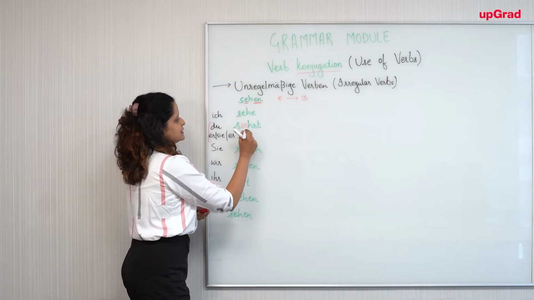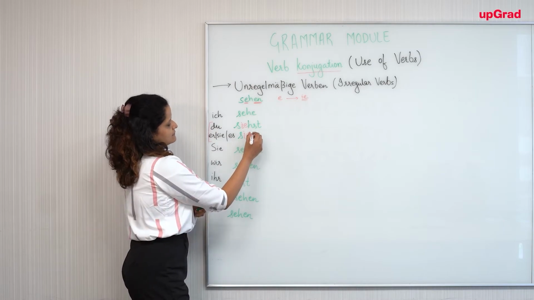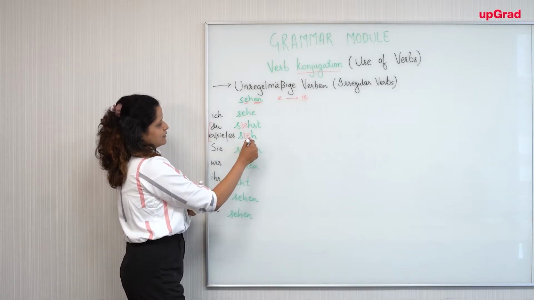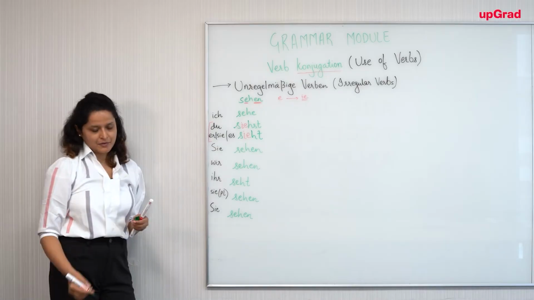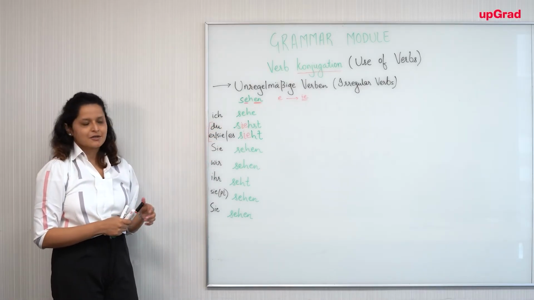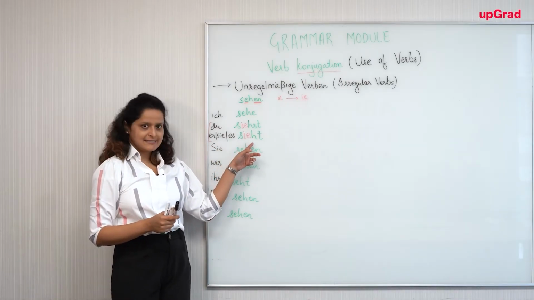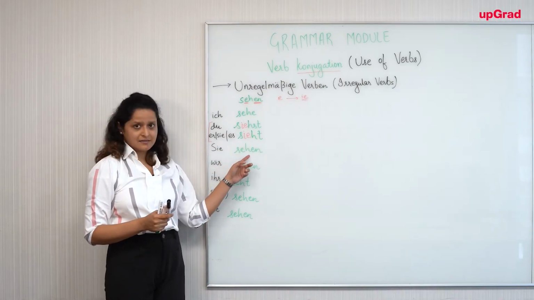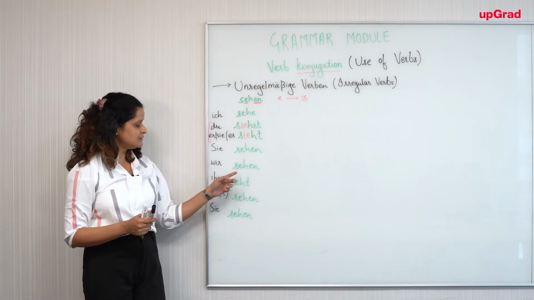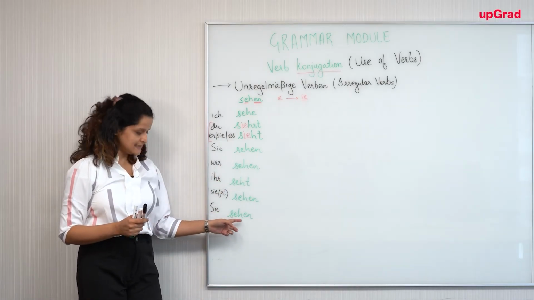This will change to IE, and the ending that we add is t. So, your final conjugation becomes ich sehe, du siehst, er/sie/es sieht, sie sehen, wir sehen, ihr seht, sie sehen, Sie sehen.